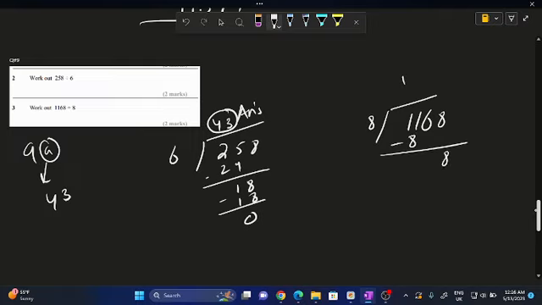Subtract the terms. 11 minus 8 gives you 3. Now 8 times 46 is 368. You can check on your calculator. Your answer will be coming as 368. So these will cancel each other, and as a whole your answer would be 146. That's the answer for 9B.